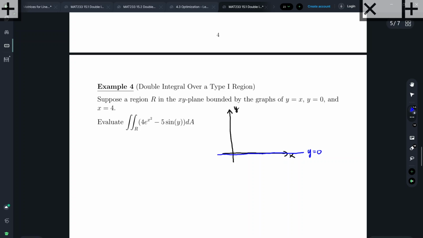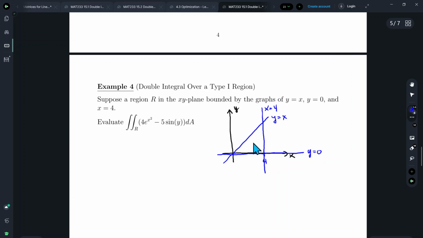The line x equals 4 is somewhere here, so that would just be a vertical line like this. And then the line y equals x is just the slanted line like this with slope 1. And so the three curves bound this region in the middle here. So this is my region R.